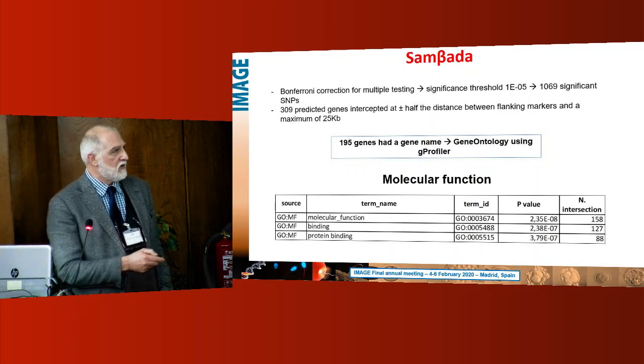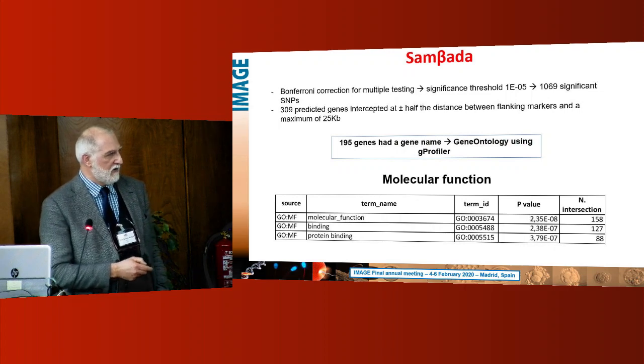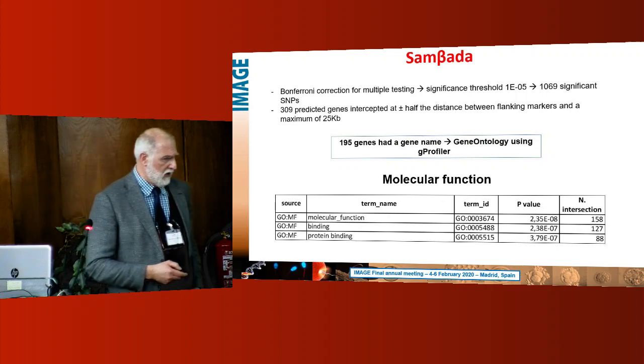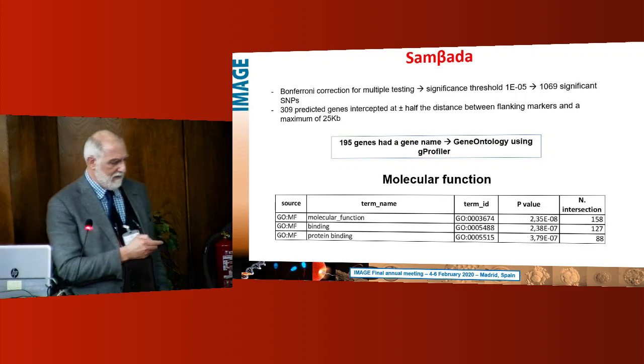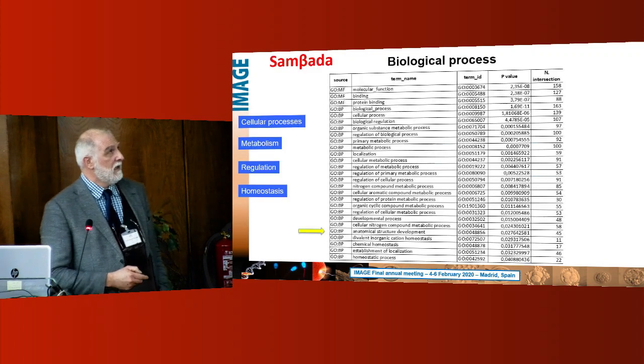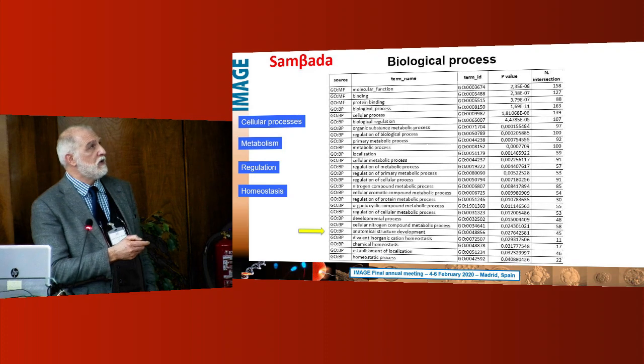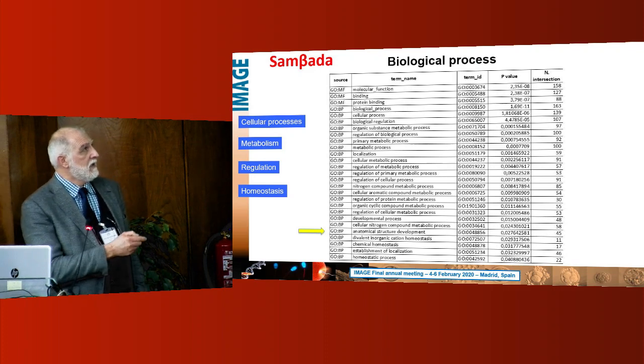So of course, looking at molecular function, you are very high in the gene ontology level. You have protein binding and molecular function. If you go down the gene ontology classification to biological processes, you start having some information.